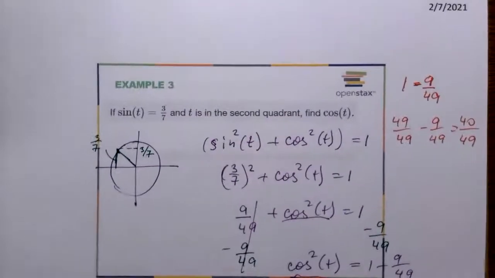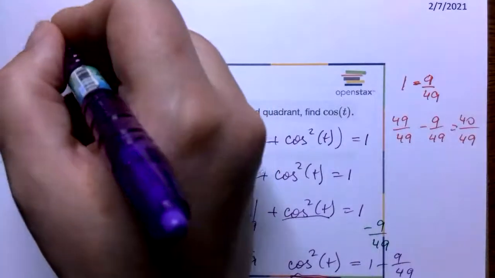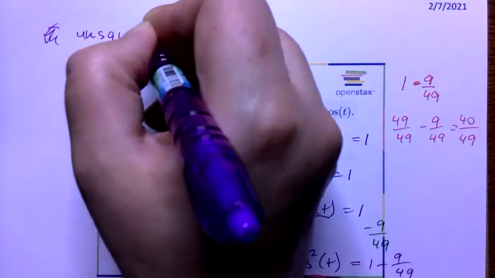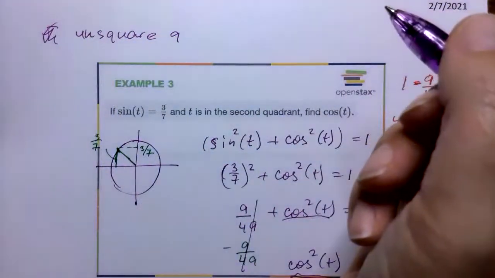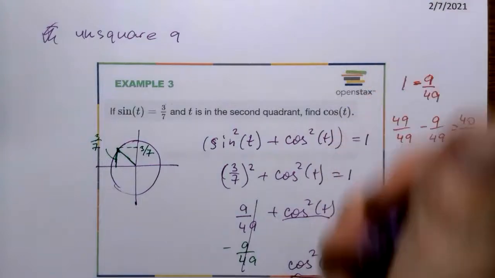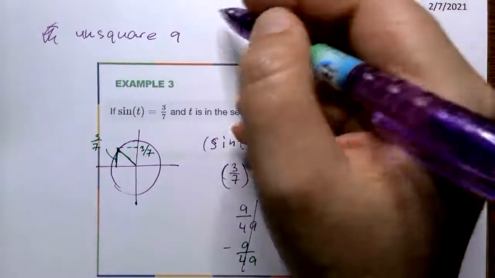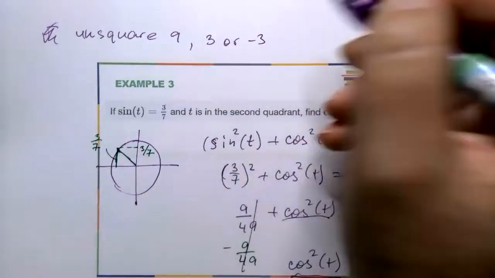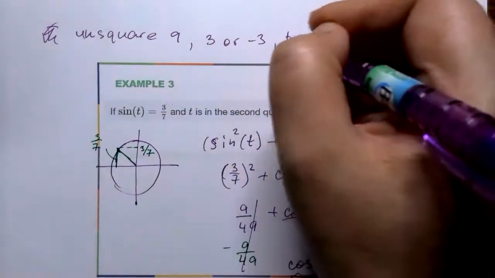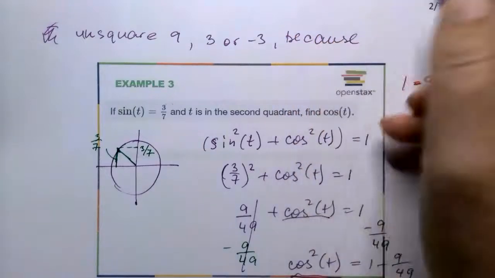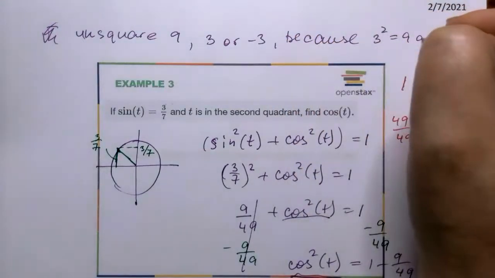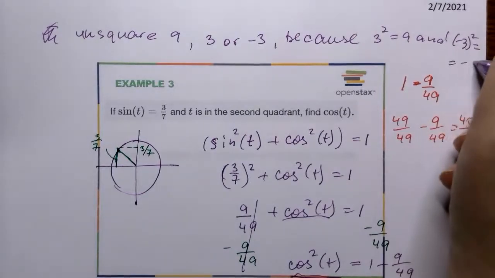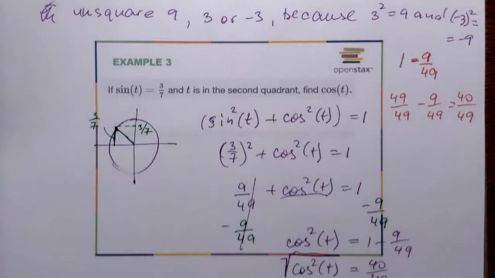For example, if I'm unsquaring 9, there are two possible answers, positive 3 or negative 3, because 3 squared equals 9, and negative 3 squared also equals positive 9.